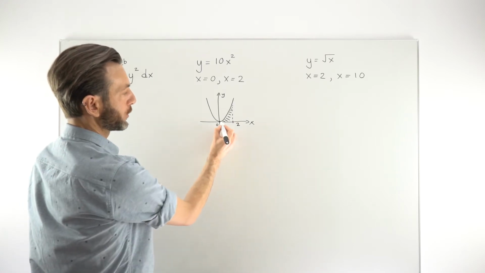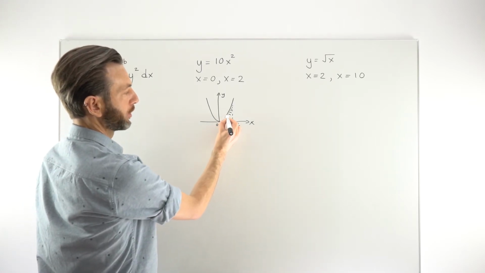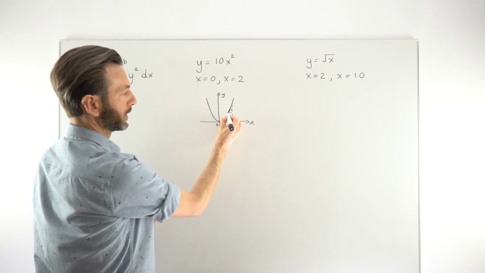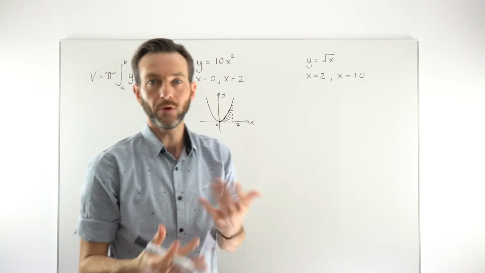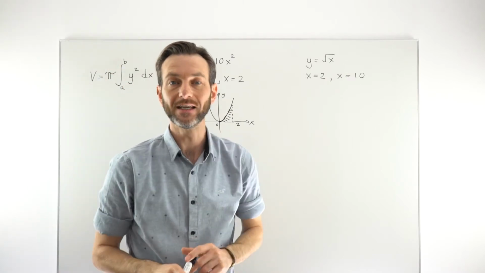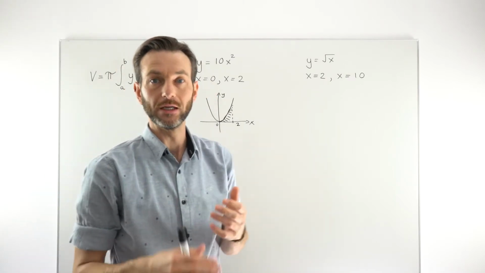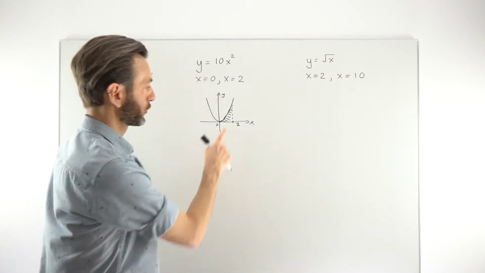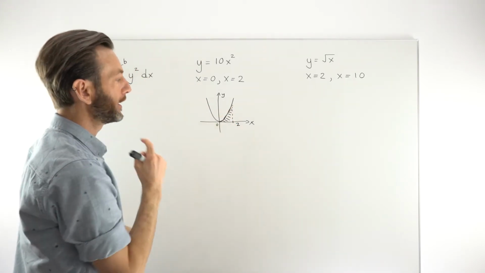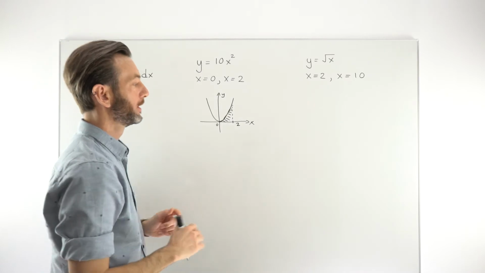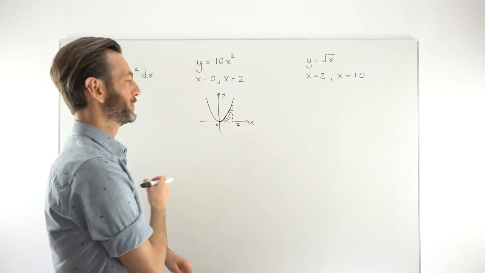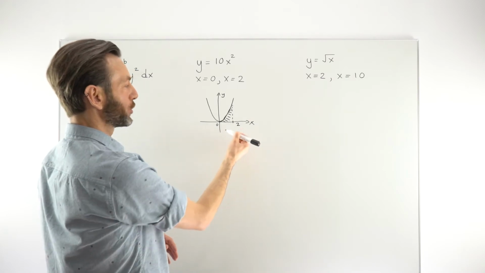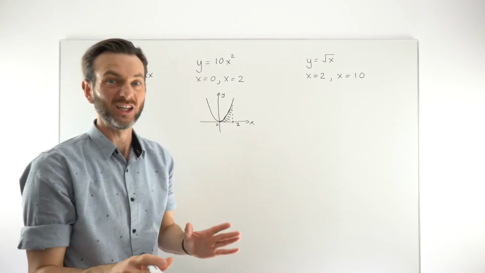Or you could imagine just taking the curve up to just the point where it's at 2, and spinning that part around, and you're going to get some funky looking shape. And if you've got a 3D calculator or a 3D graphing utility, you could go ahead and model that and see what it looks like as a 3D shape. My artistic ability does not extend far enough to be able to draw that, but it would be some kind of shape in 3D.